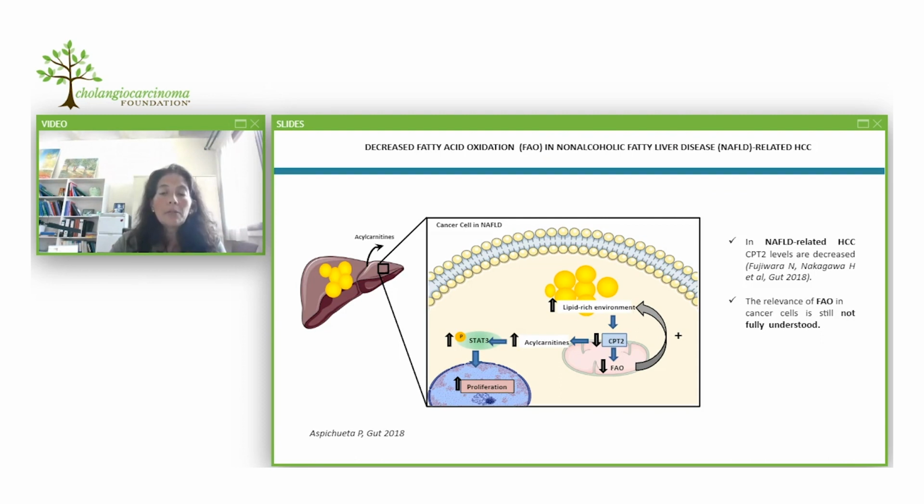So this lipid-rich environment will induce the remodeling in metabolism. As a consequence of this CPT2 downregulation, there is an accumulation of acylcarnitines, which will activate STAT3. So in this case, it's the environment that is directly inducing changes in the metabolic reprogramming.